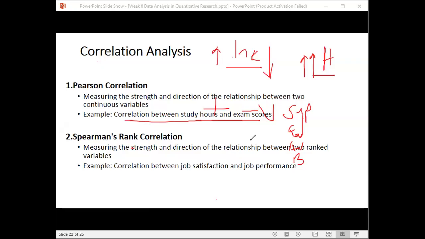Assuming that I have a variable like that, this is a form of a rank. So I can give this 5, this one will be 4, this is 3, this is 2, and so on.